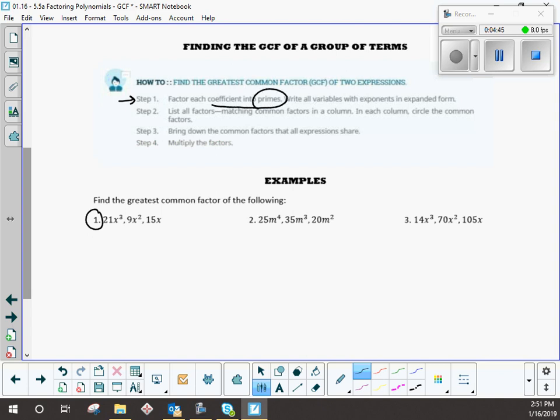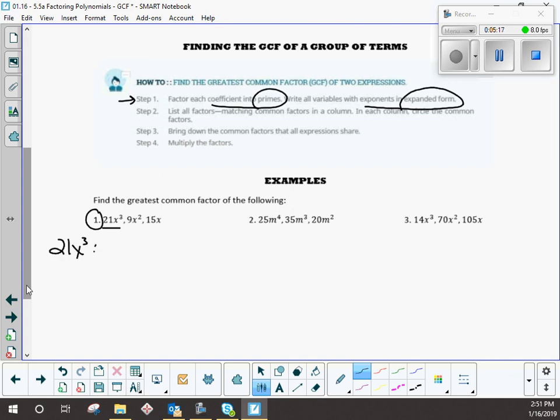The coefficients are the number pieces, like 21, 9, and 15. And then we will write all variables with exponents in expanded form. So for example, for 21x cubed, how do I write x cubed in expanded form? X times x times x, right? Exactly. So here's how that step one will look for these terms.